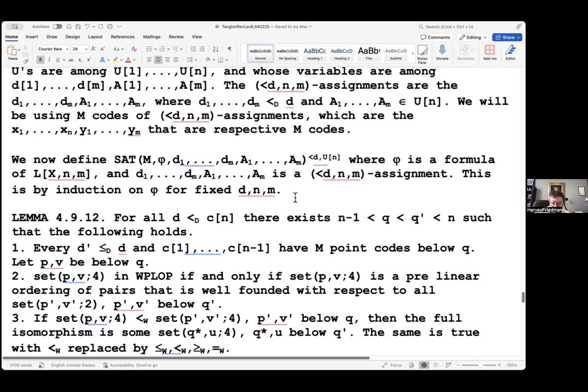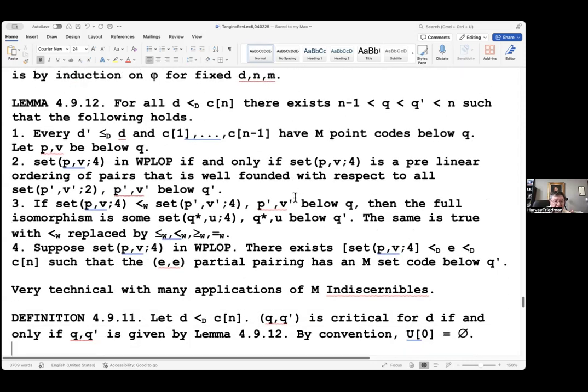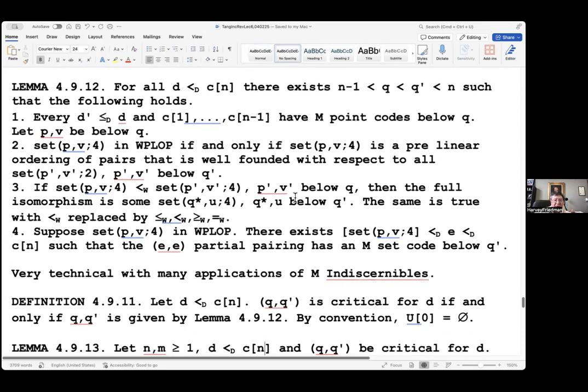Now we have this lemma. This is a very technical lemma. Let me see if I can explain this point. You have any D below C of N. I want to be able to find Q less than Q prime less than N, bigger than N minus 1.